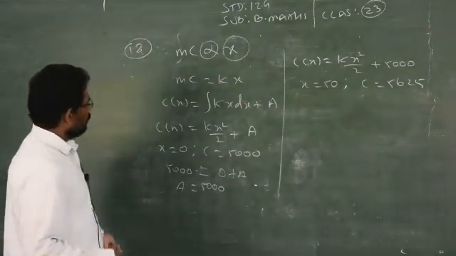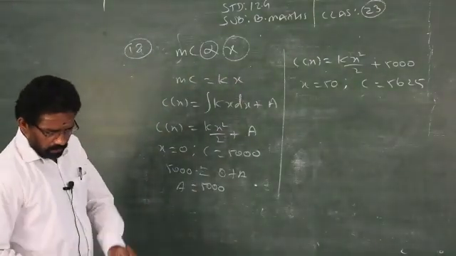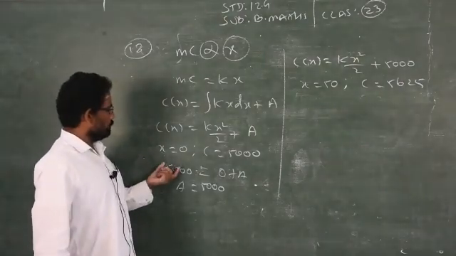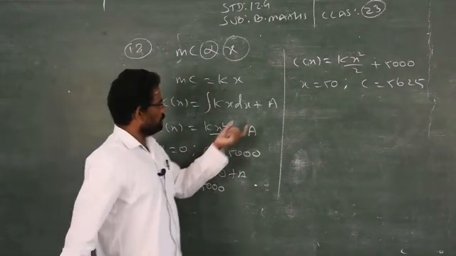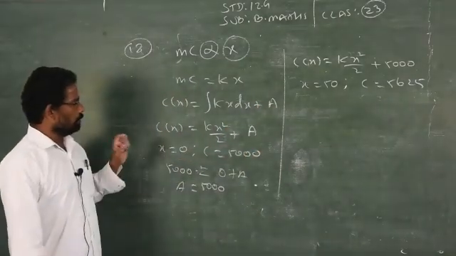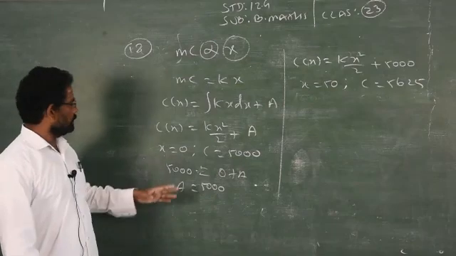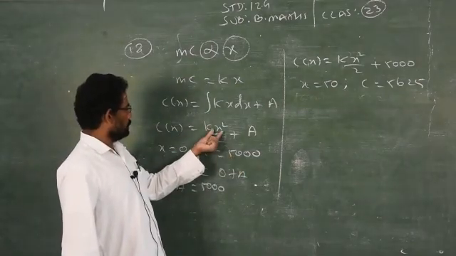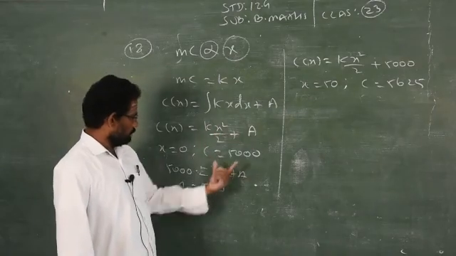So boys, listen. There are two pieces of information given in this question. One is the fixed cost. If there is a fixed cost, please remember, don't replace A straight away by 5,000. You will get a wrong answer. I told you already what the meaning of fixed cost is. So you take the cost as 5,000, number of units as 0, and find the constant value.